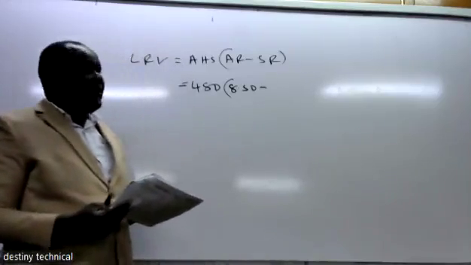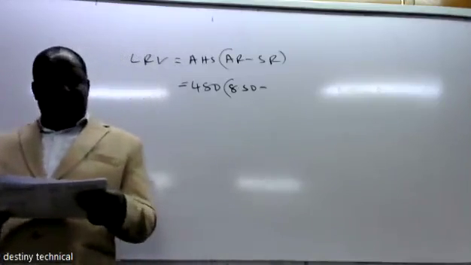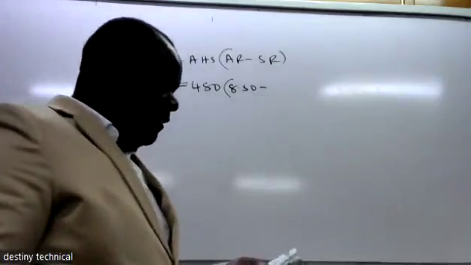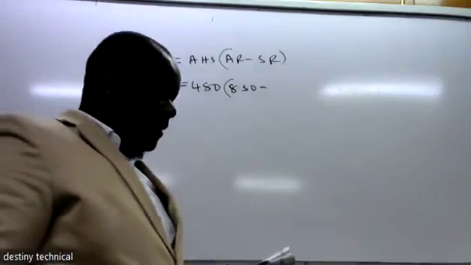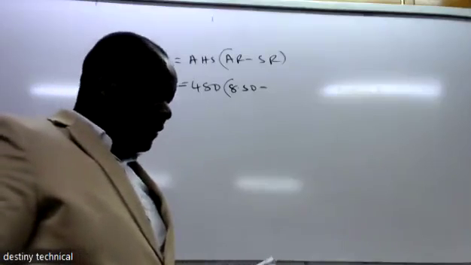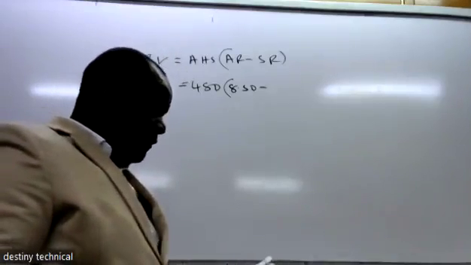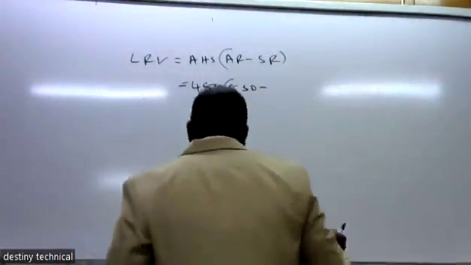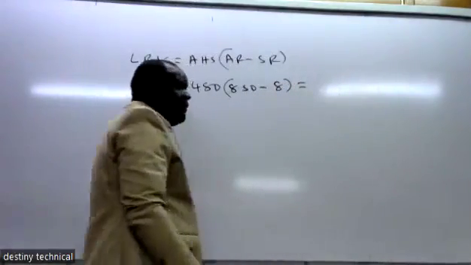So the 25 hours are for 100 units, but per hour, we know it is just 8. The standard rate is just 8.